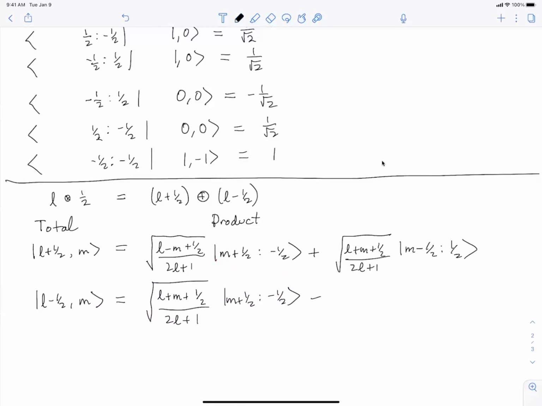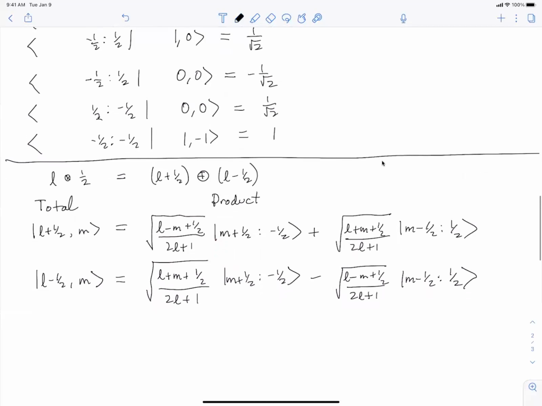So this is a minus. Okay, but the same state appears here. Now if you take the inner product of these two to check that they're orthonormal, you basically have this square root times that square root minus the same products of square roots, and so that's going to give 0. So they're indeed orthogonal.